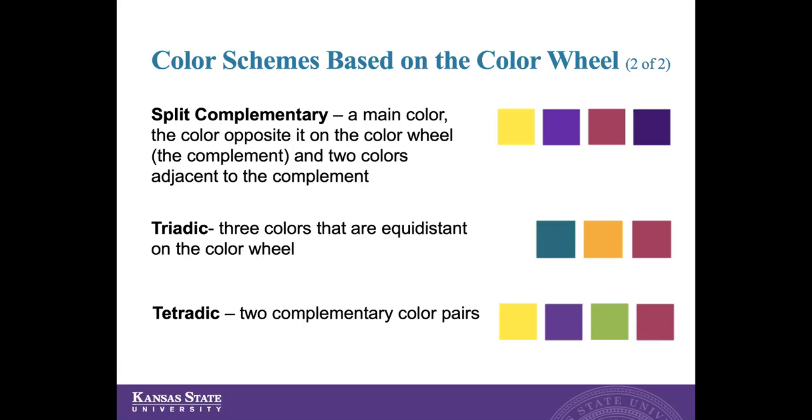Triadic is three colors equally distanced from each other on the color wheel. And tetradic is two complementary color pairs, again equally distanced from each other, opposite across the wheel.